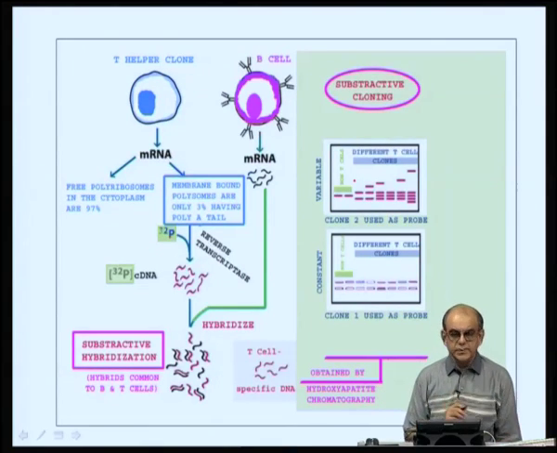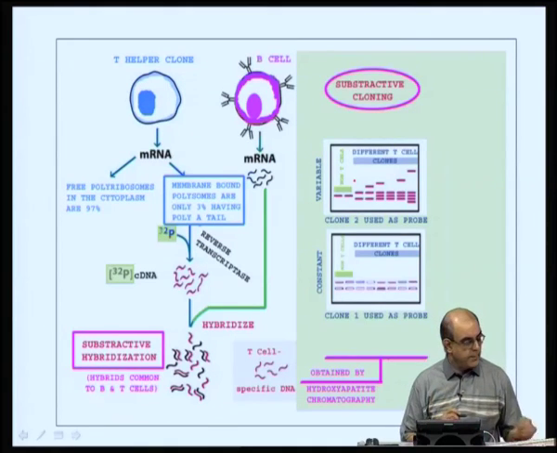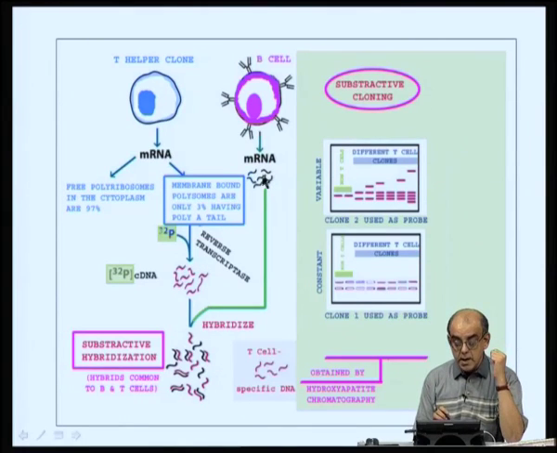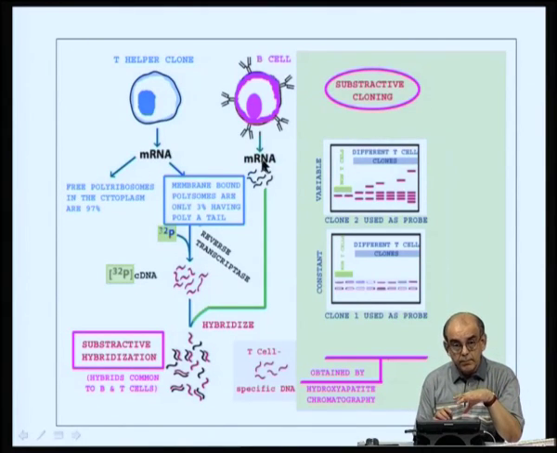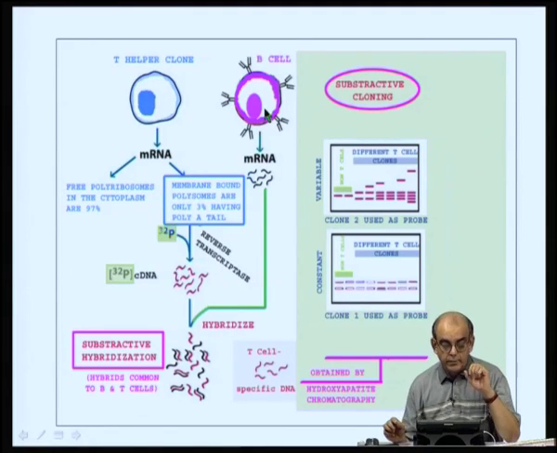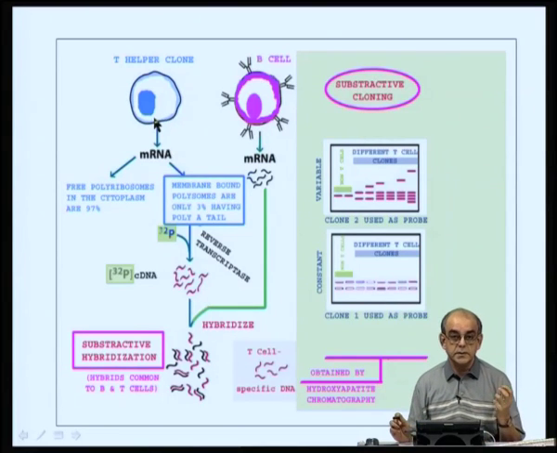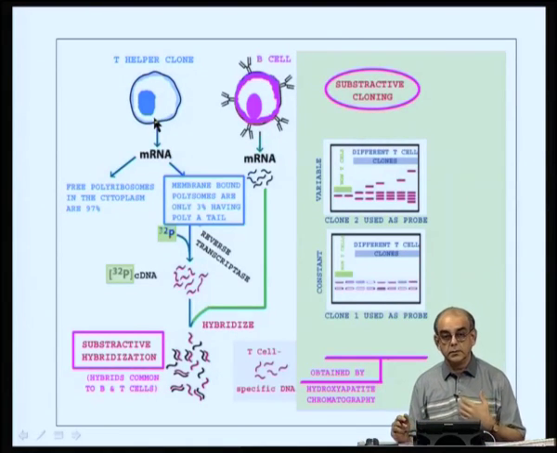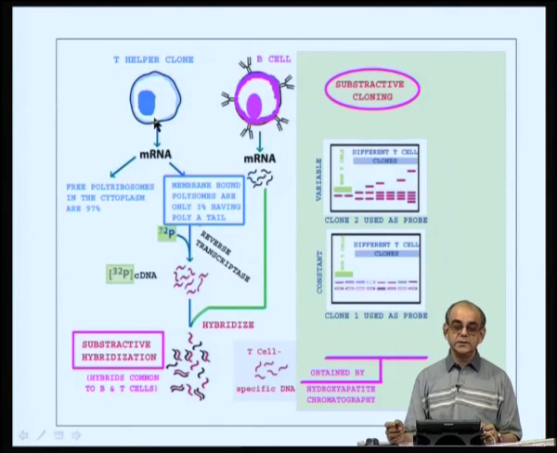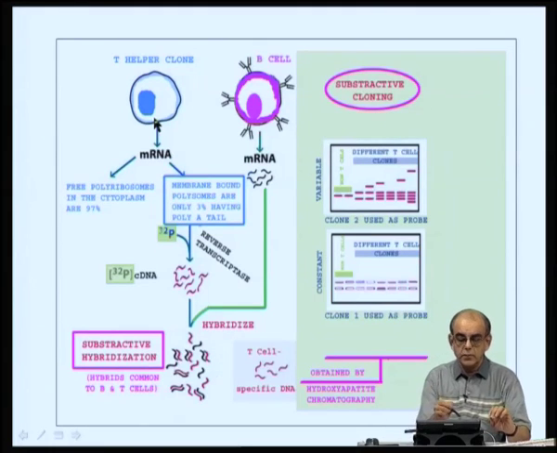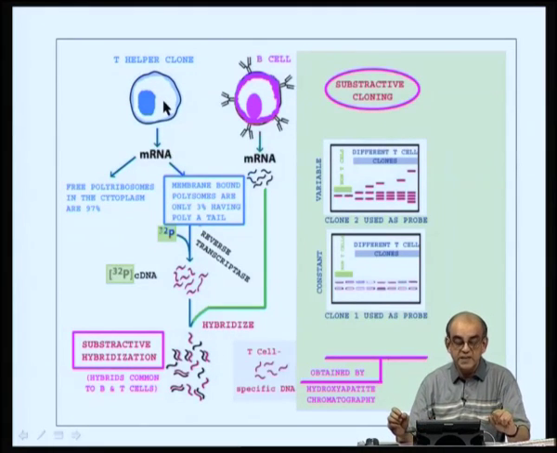What they basically assumed was that if you prepared mRNA from T cells and took the mRNA from B cells and somehow removed the components common between T cell mRNA and B cell mRNA, then you would end up with an mRNA population that is very specific for T cells, and therefore increase the probability of finding the genes coding for the T cell receptor, because the T cell receptor is specifically found only on T cells.